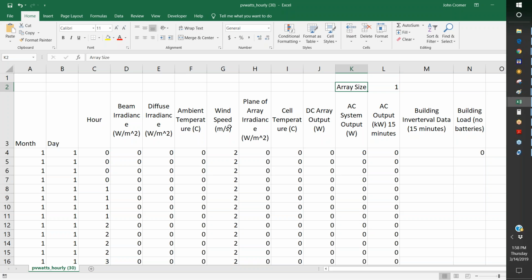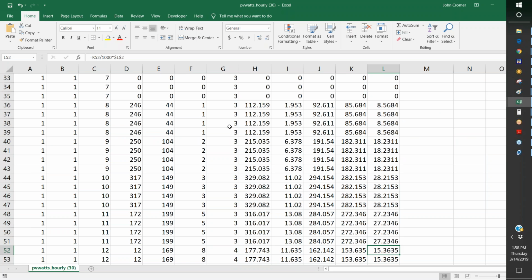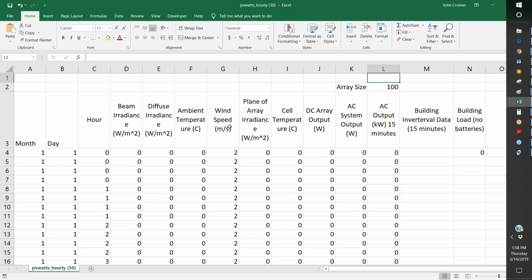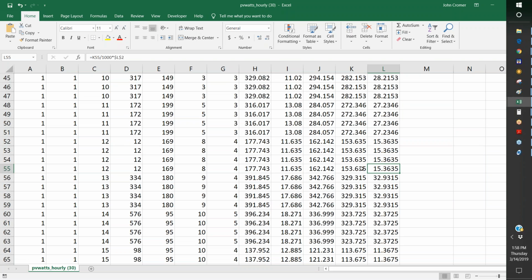So I'll have a little cell here where I can make it a 100 kilowatt array or a 50 kilowatt array and have my array size jump around. Right now, for our 100 kilowatt solar array at high noon, our array is outputting 15 kilowatts.